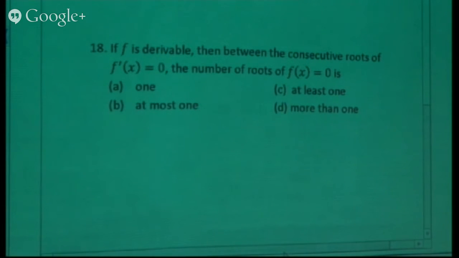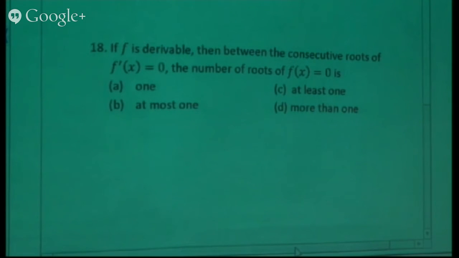But then we discussed some result. It does not say that between two consecutive zeros of f dash we have at least one zero of f, but it tells me that between two consecutive zeros of f dash, we can have at most one zero of f. Why? Should I explain it again?